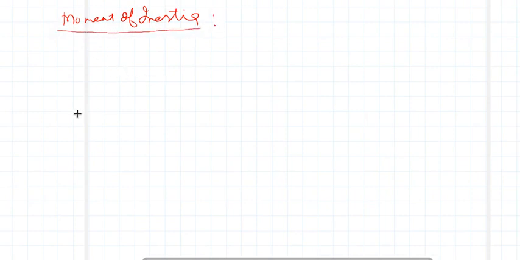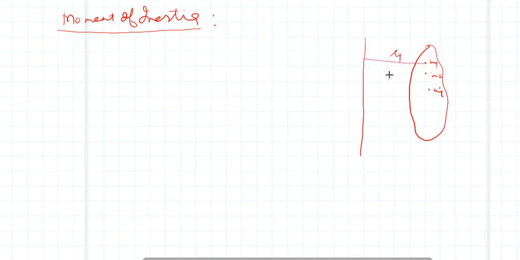So let me talk about moment of inertia now. Consider an object consisting of a large number of particles, and let r1, r2 and ri be the perpendicular distances of these particles from the axis of rotation.